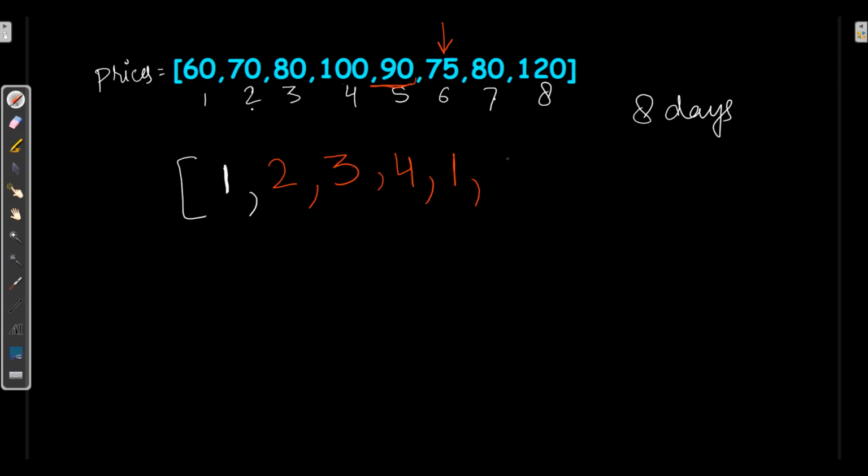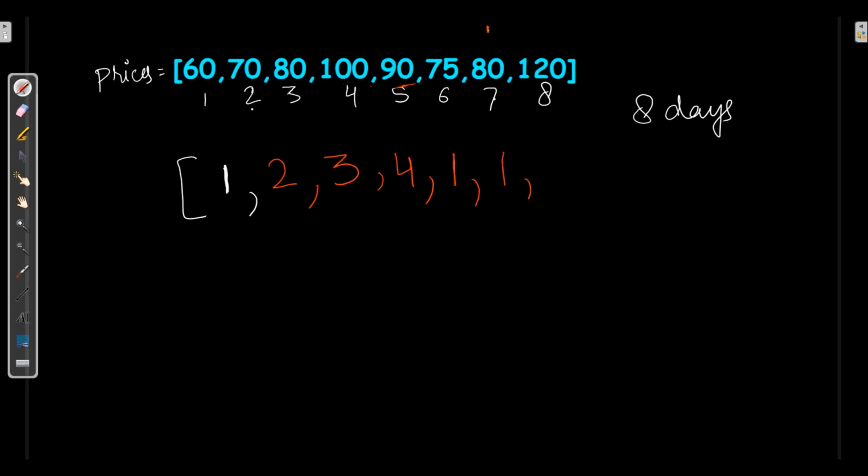So it will be just 1. Then for calculating the 7th day, the span will be the prices just before. This will be added, but 90 is greater than 80. So this will be ignored. So the span will be 1 plus 1, 2.